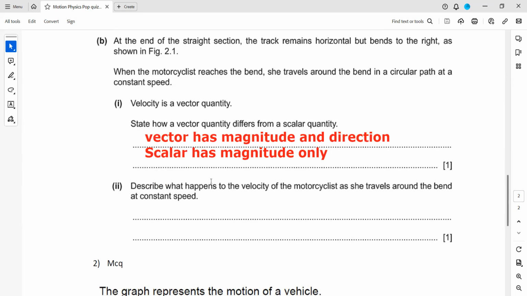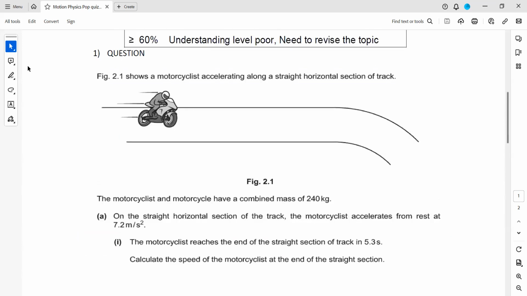Describe what happens to the velocity of a motorcyclist as she travels round a bend at a constant speed. If you see, as he is moving in a bend, the direction of the motion will change. So as the direction of the motion is changing, what will happen?